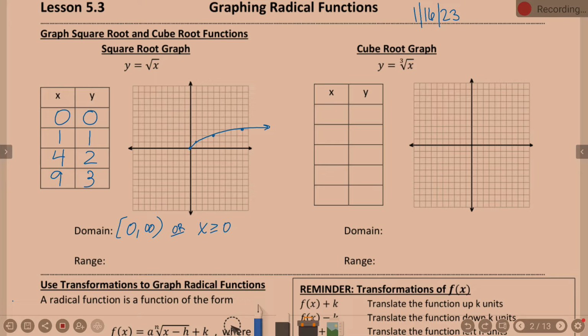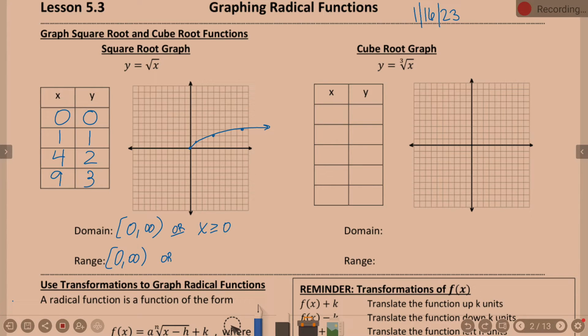Currently 3, but what about if we keep going? Is it going to infinitely go up? Yeah. It is, very slowly. Okay? It's going to slowly go up, but it would continue going up. And so my range is also 0 to infinity.